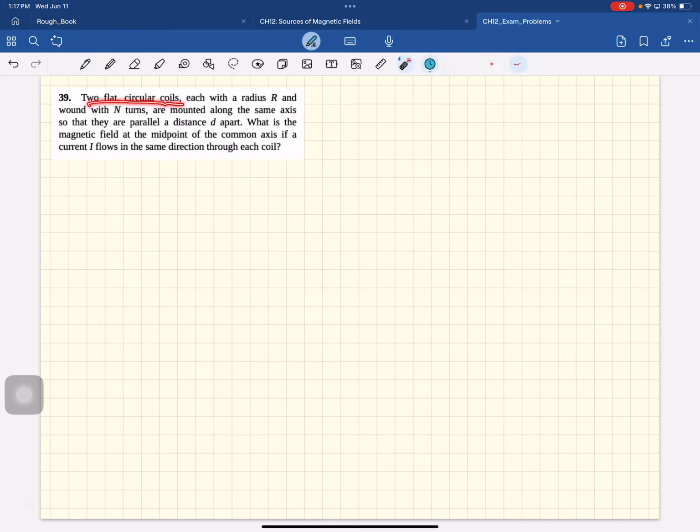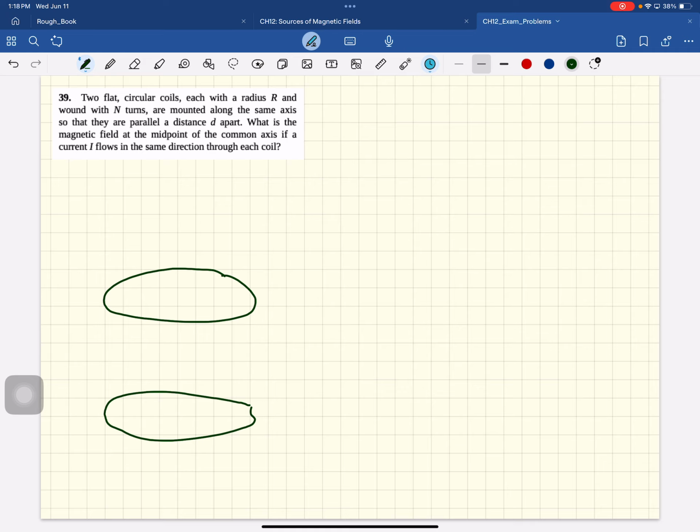Two flat circular coils, each with a radius r and wound with n turns, are mounted along the same axis. So they are parallel and a distance d apart. So that distance is d.